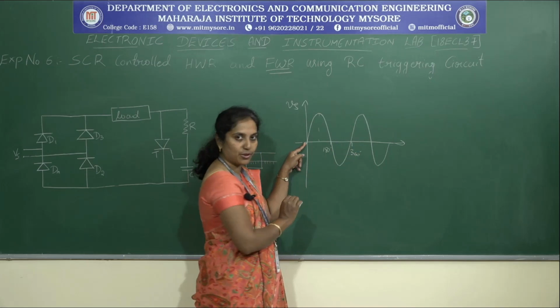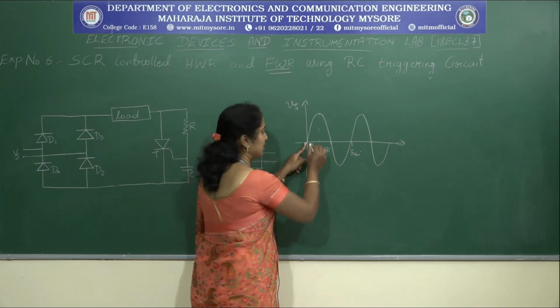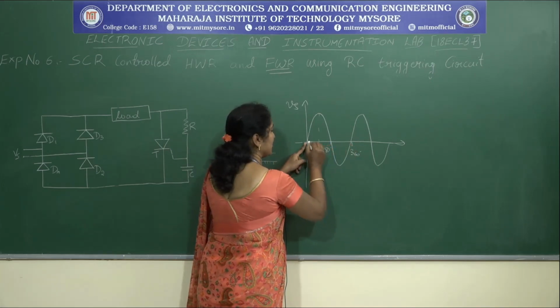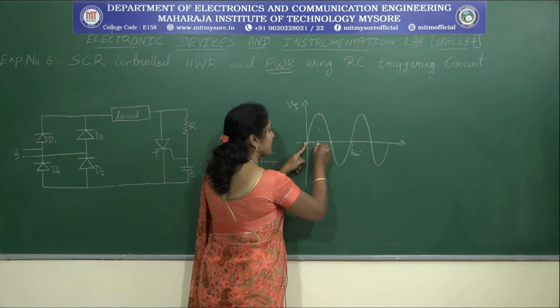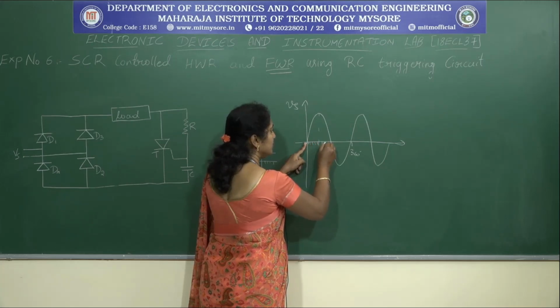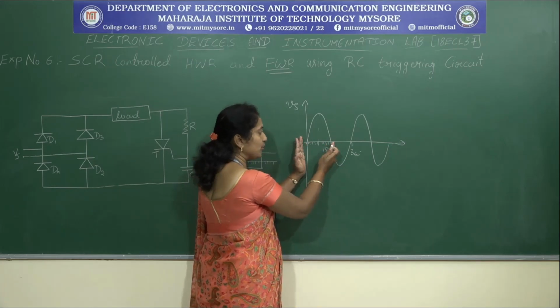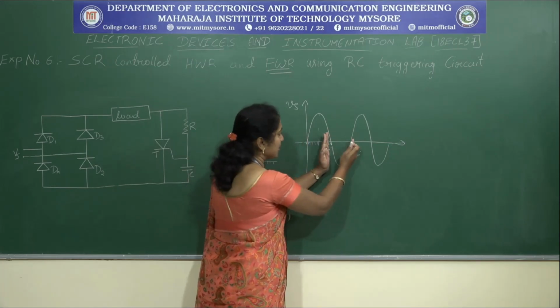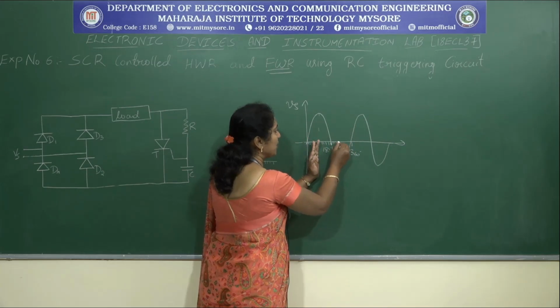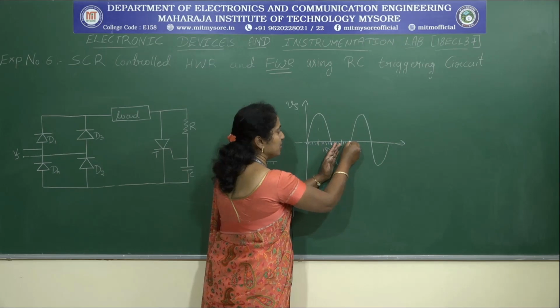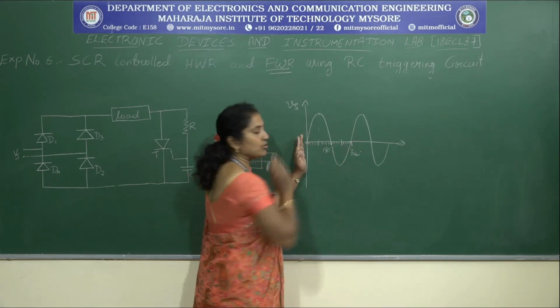Suppose in our waveform I consider that there are 20 divisions. That means up to here, a half cycle, you will have 10 divisions, and the rest of the half cycle has the other 10 divisions, so total 20 divisions.